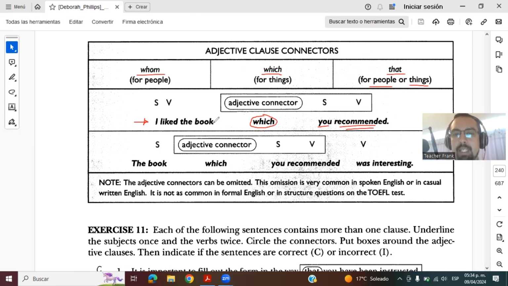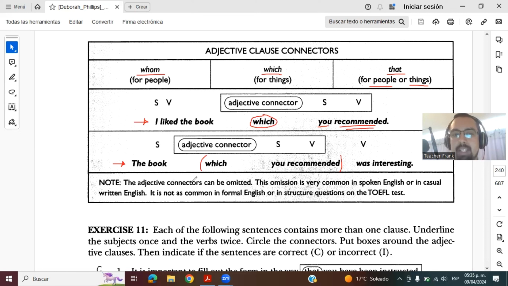So again, the sentence could end right here. I like the book, but I'm going to be specific. What book? The book which you recommended, right? Or it could be describing a subject, the book which you recommended was interesting, right? In this case, this would be my adjective clause, right? And the original sentence is the book was interesting.